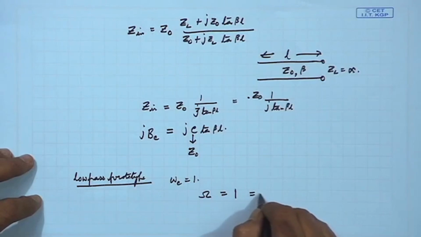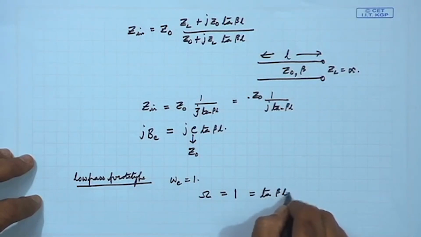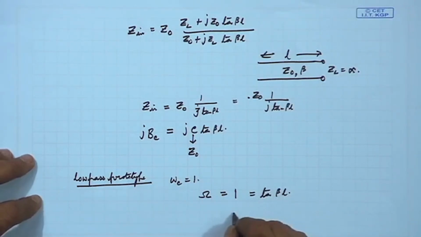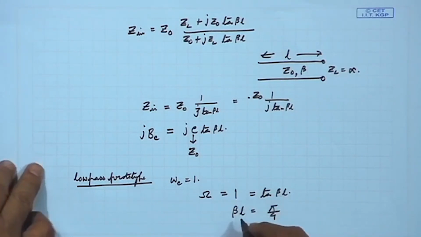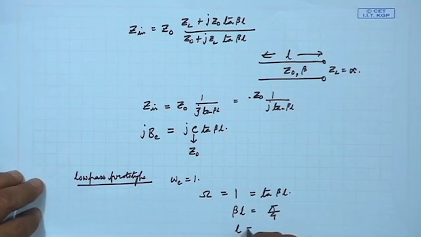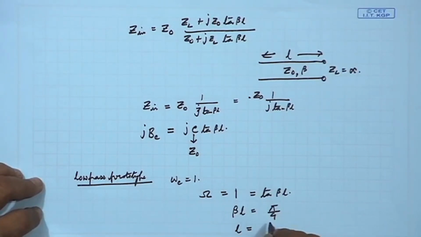So, that is equal to tan beta L. This gives us the length L. Can I say that this implies beta L is pi by 4, because tan pi by 4 is 1. So, from that I can solve for L is equal to pi by 4 divided by beta, and beta is 2 pi by lambda. So, I get lambda by 8.